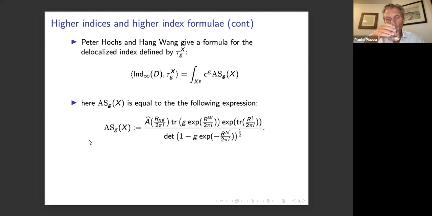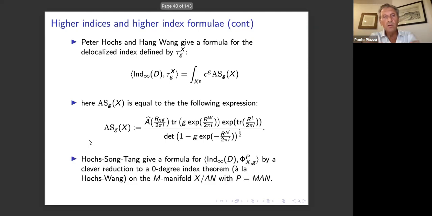And finally, we have the theorem by Piazza, Song, and Tang, which gives a formula for the pairing of the index class with these cyclic cocycles, which have been defined by Song and Tang.